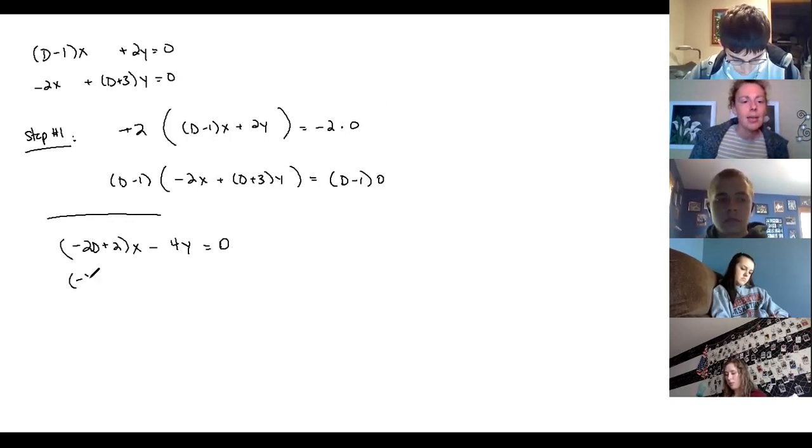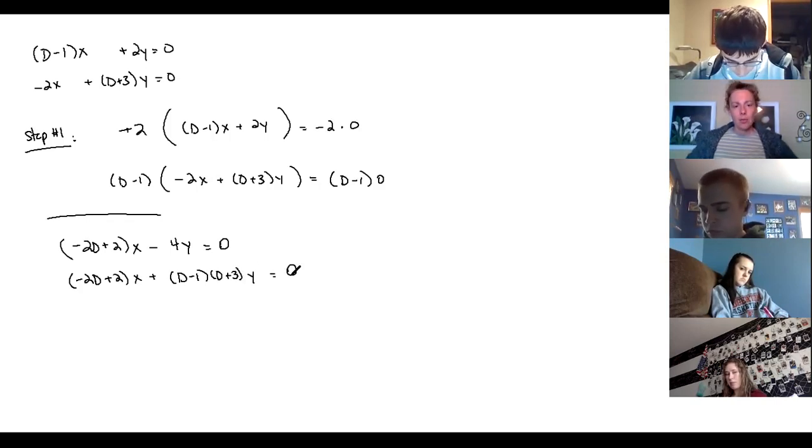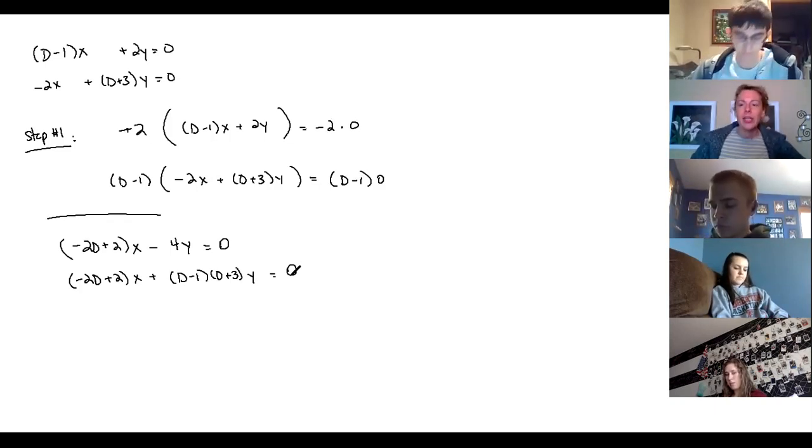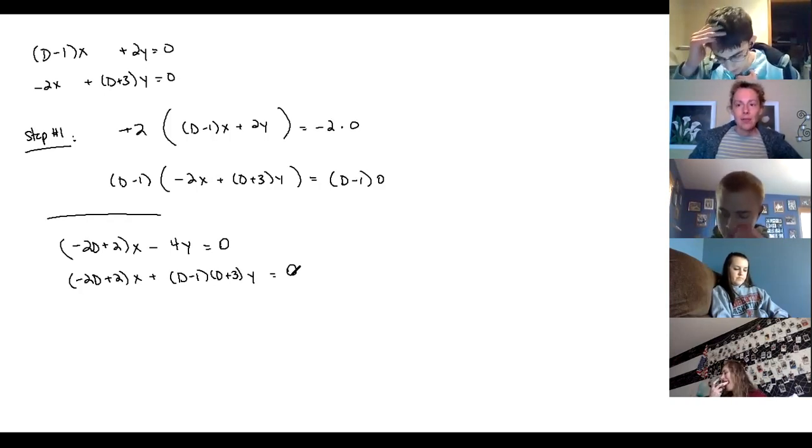And then we've got -2x plus (D minus 1)(D plus 3)y equals 0. So I'm multiplying out the first one. Notice that my coefficients on x's are the same. That's good. That's progress because now we can subtract. That is going to help me out in my method of elimination.